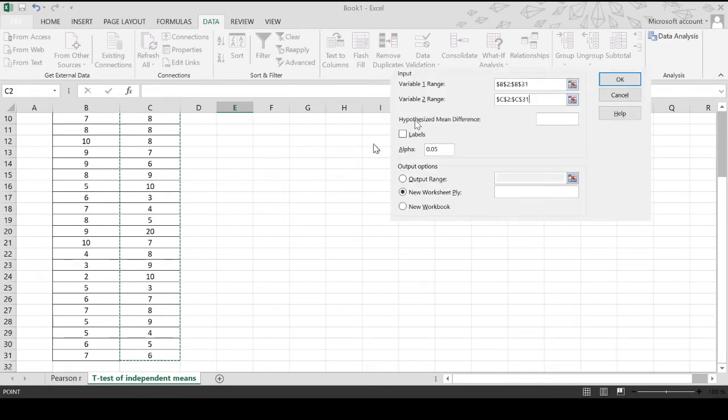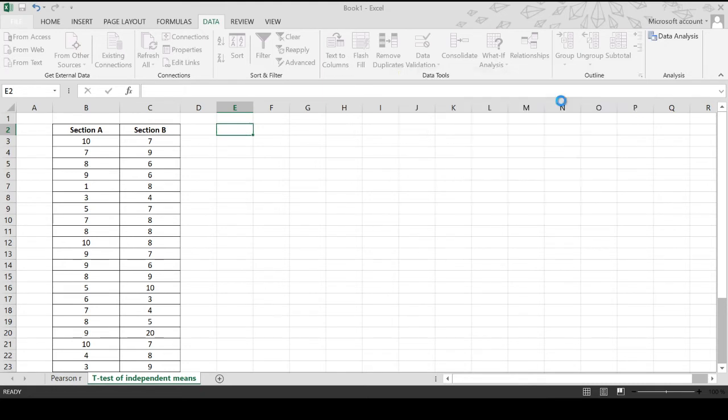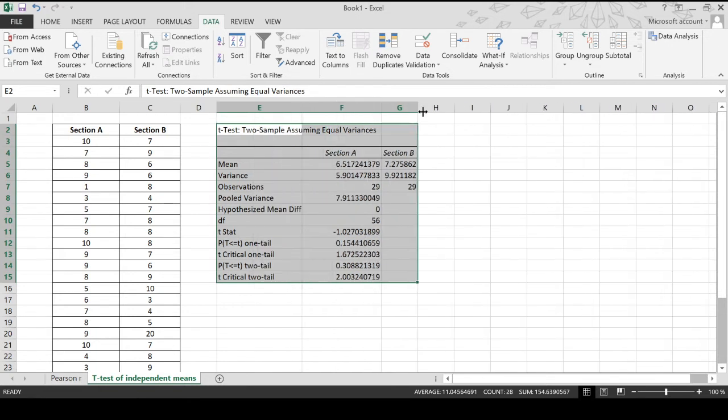Of course, we want the hypothesized mean difference to be 0, meaning both are statistically similar. You check the labels, because we have the labels included. For the output range, let's just use this part. If everything is okay, depending on your preference, just click OK. And we have here the results.